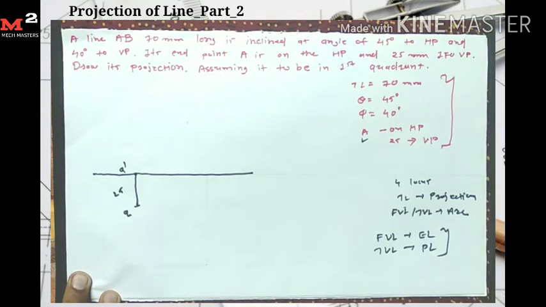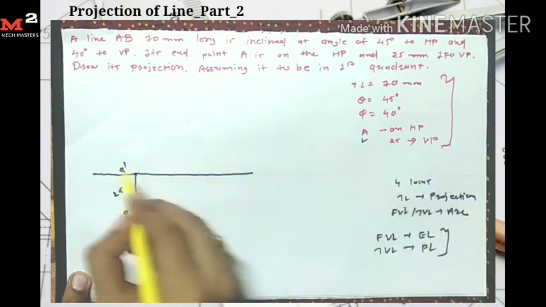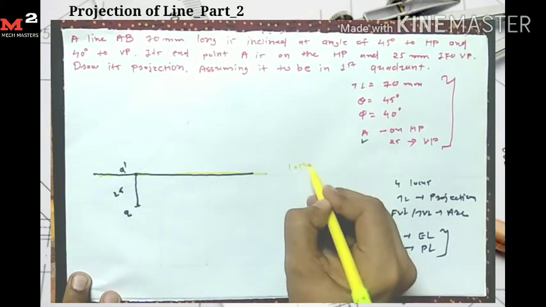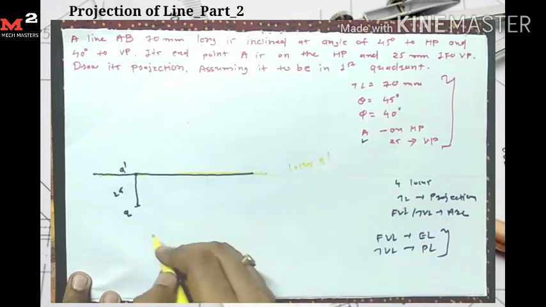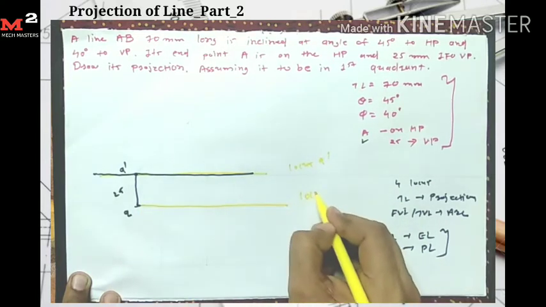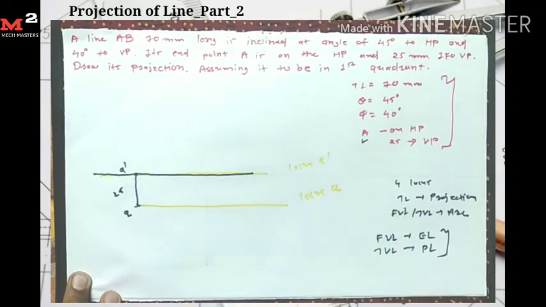Now we need to find the four loci. From the four loci, I get my first locus here, this is the locus of A dash, and the second locus is this one, the locus of A.